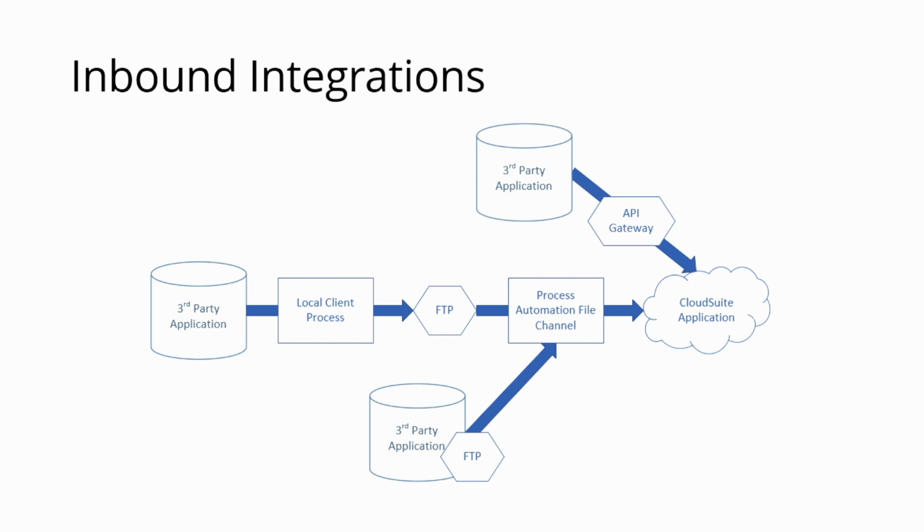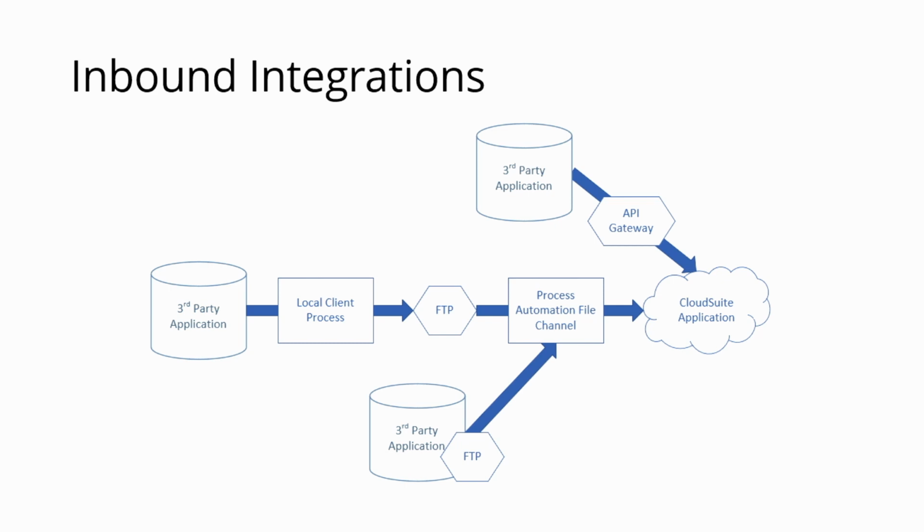Typically, for file interfaces, we will set up the file automation or the process automation file channels to just sit and monitor and look for those files and automatically kick off a process flow to load those files or do something with those files once they get to the cloud. We mentioned the API gateway, starting to see this utilized a lot more now, and this allows real-time integration. So it's more of a transactional, one at a time, real-time transactional based integration.